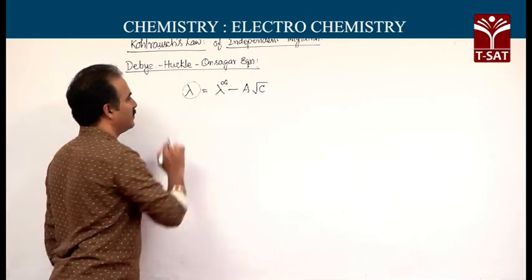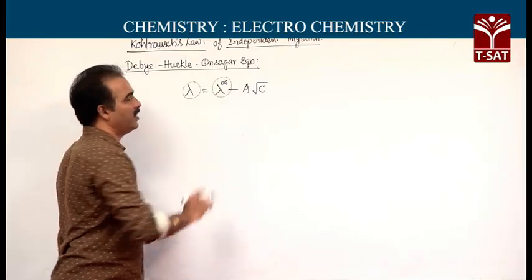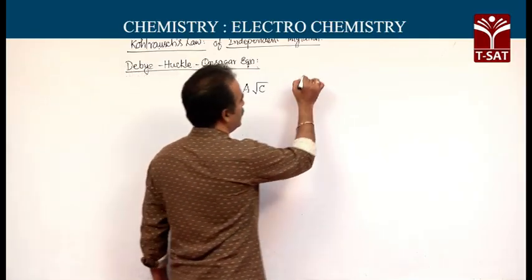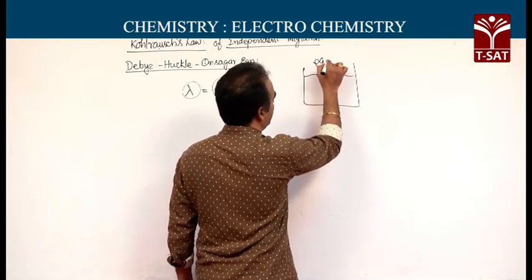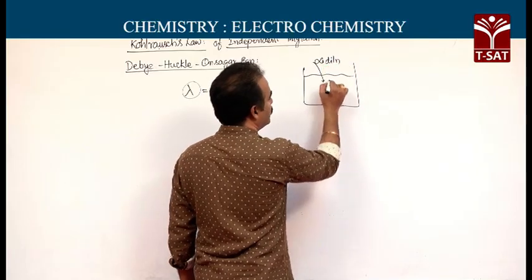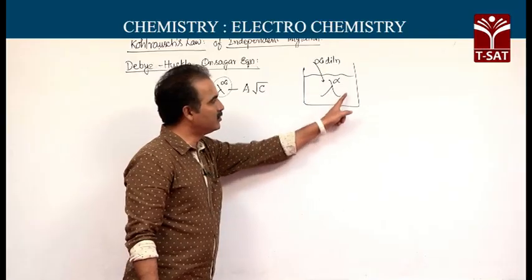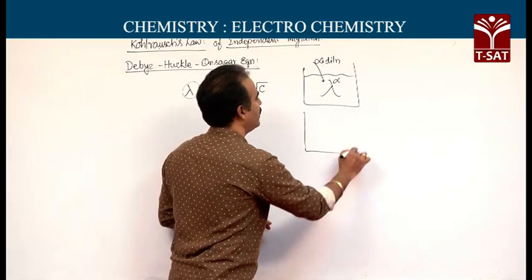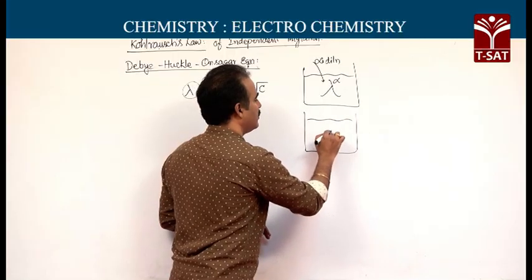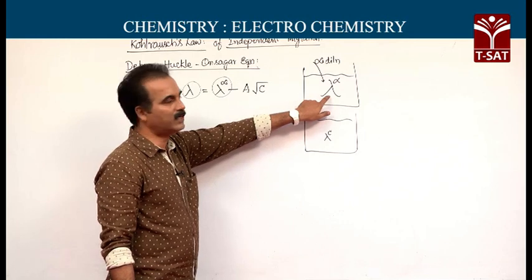The conductance of any solution is always less than its lambda infinity. If the solution is at infinite dilution, it shows maximum conductance. At other than infinite dilution, the conductance will definitely be less than its conductance at infinite dilution.